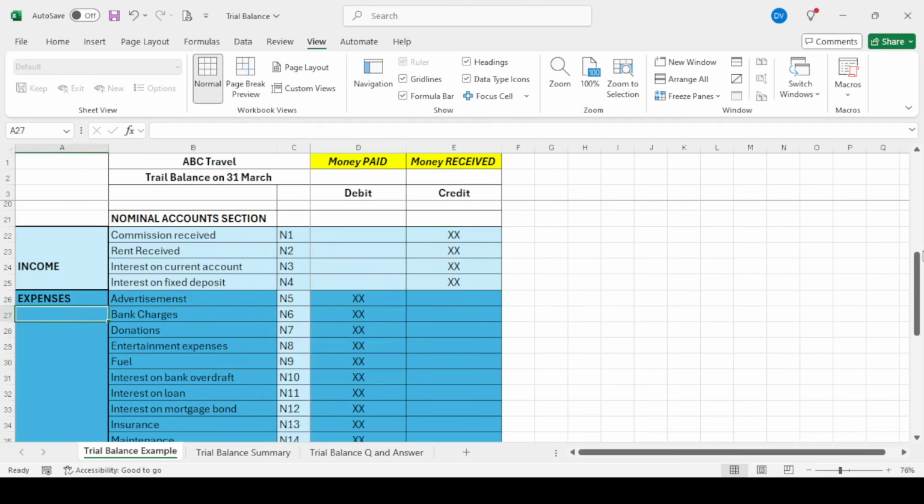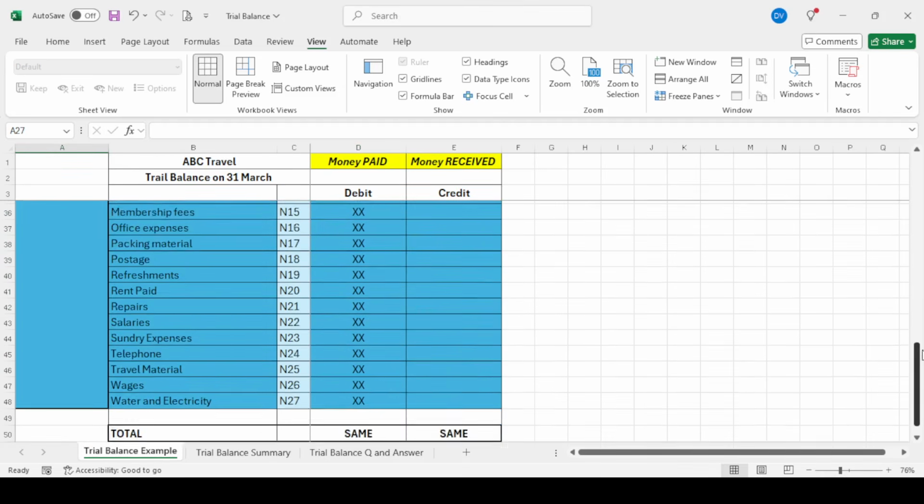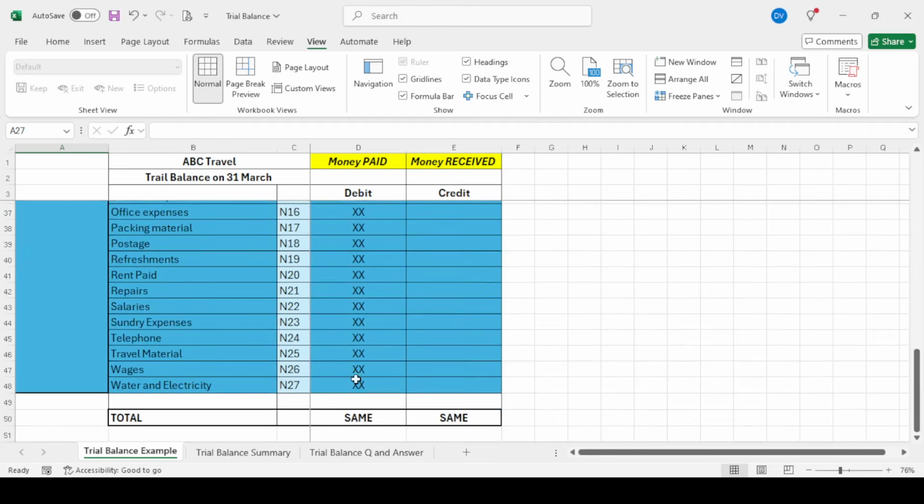Okay. At the end of your trial balance, your debit and your credit side needs to balance. It needs to be the same. It's a great way for you to check if you've done it right or not. So if it doesn't balance, you know that you need to go and look for your mistake.